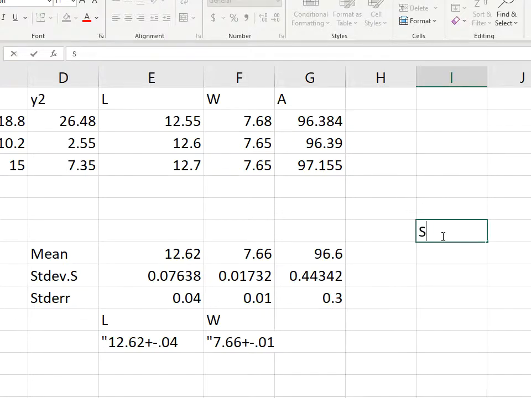So let's find alpha sub area. Well, figure out sigma area first, and alpha sub area next.